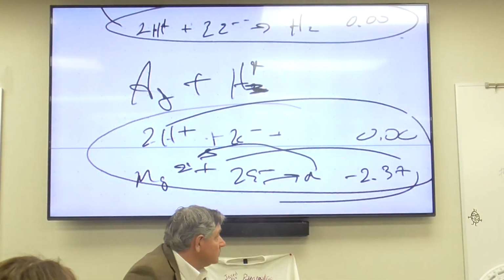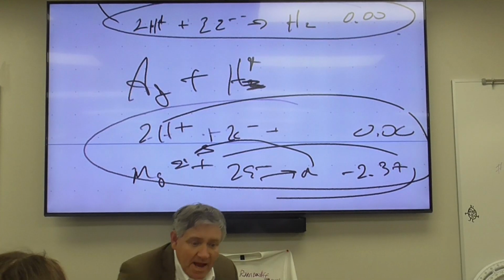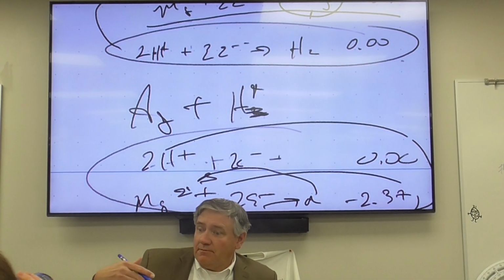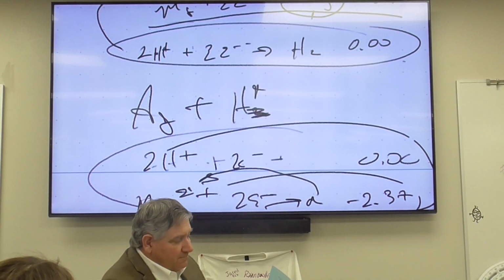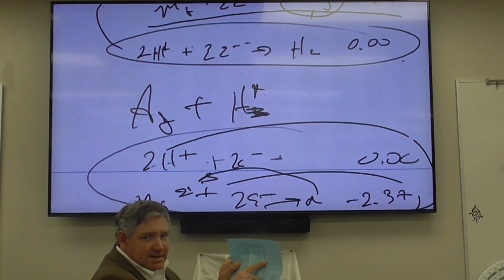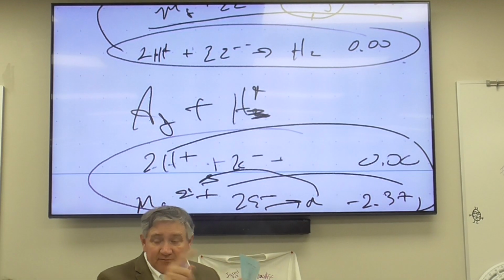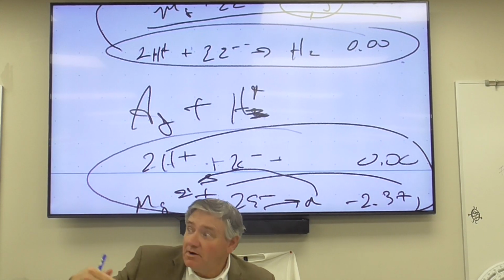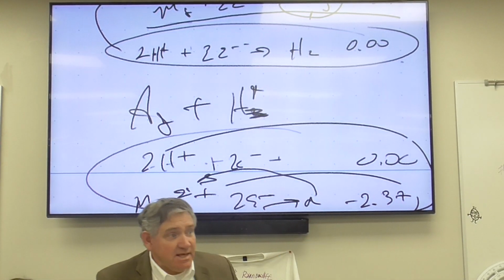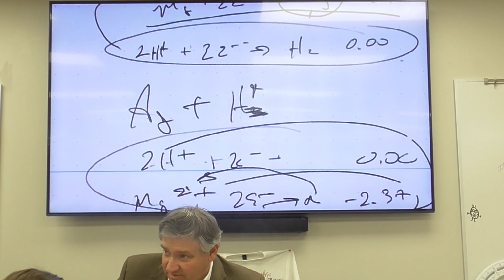But if you look at what happens with silver, you have Ag+ plus 1 electron, and that's 0.80. If you reverse that, you would have negative 0.8 plus 0. You get a negative standard voltage potential, and it's a non-spontaneous reaction.